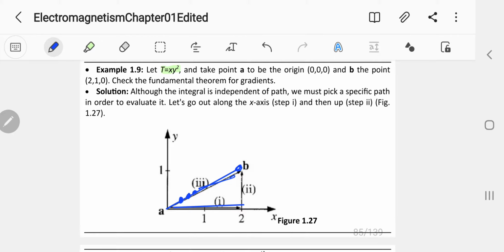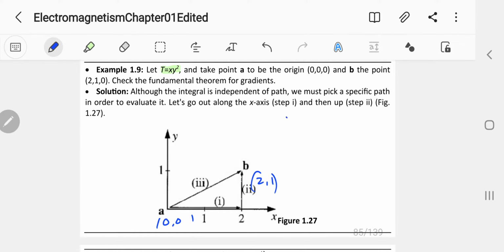So you can get the linear relationship by using the equation of the line through 2 points. You have here 0, 0, and then you have 2, 1.